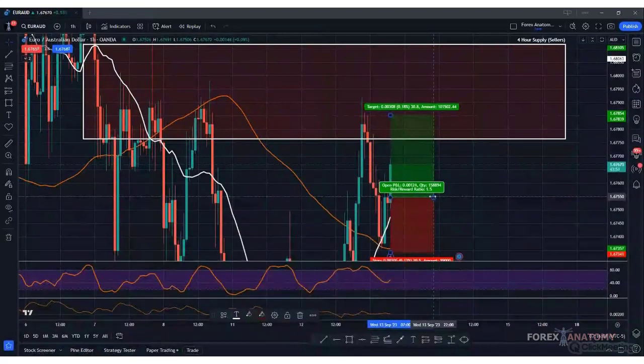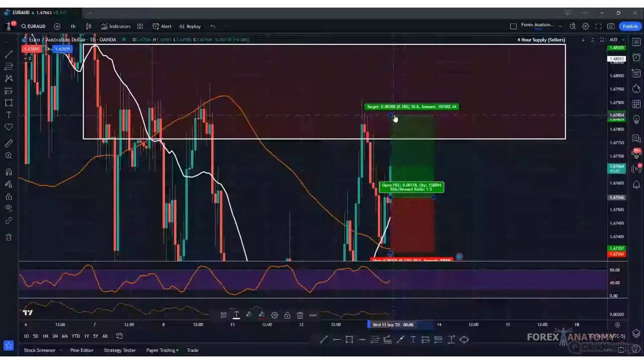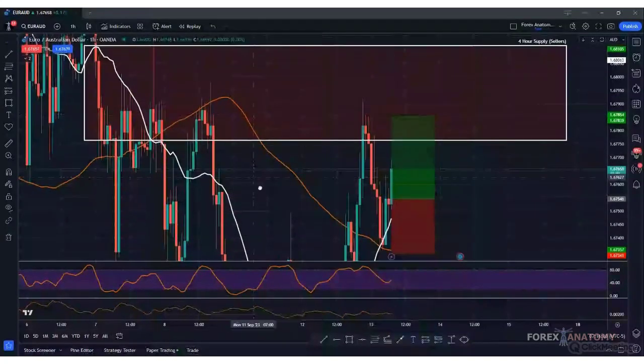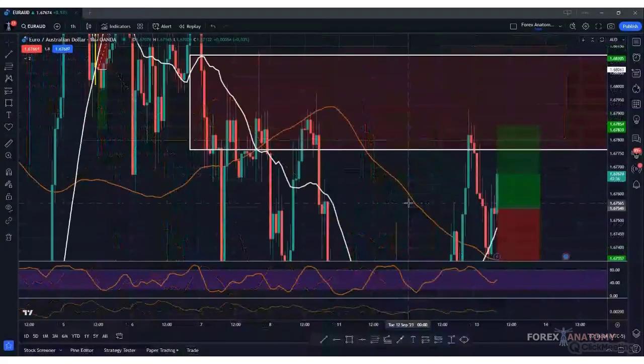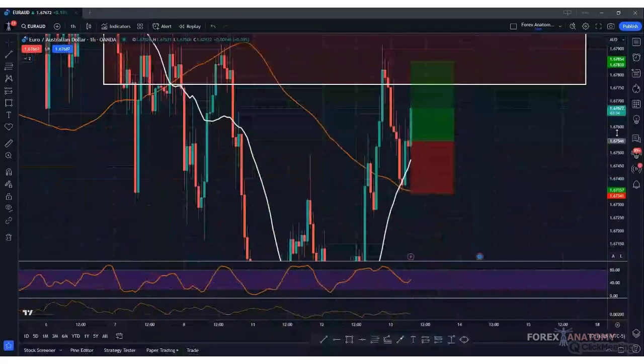But, yeah, we'll see. I'm expecting price to at least test these highs. And then from there, we may see a rejection, just like we did all the other times we see these nice rejections from this zone. So, yeah, we may have missed out on this opportunity.